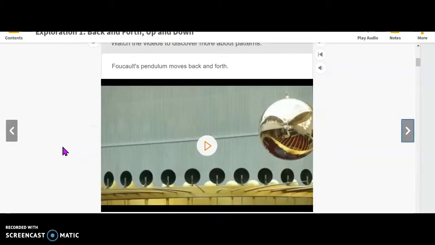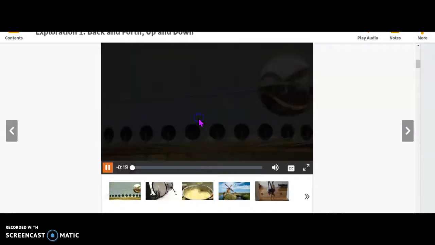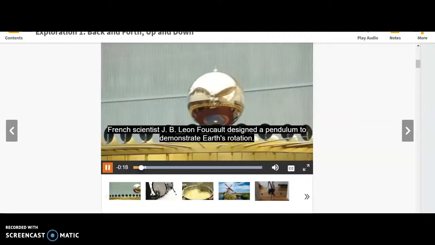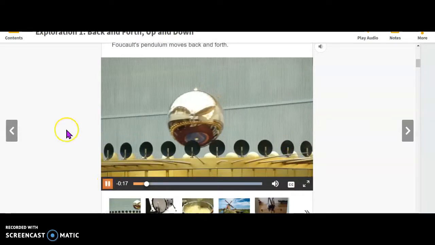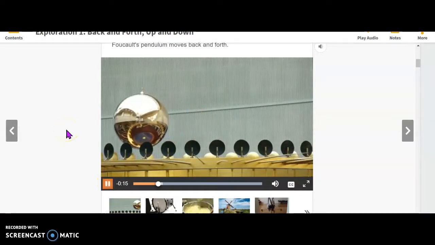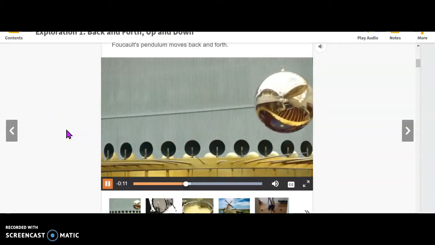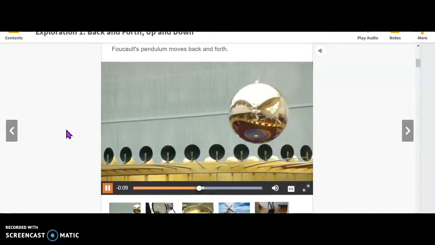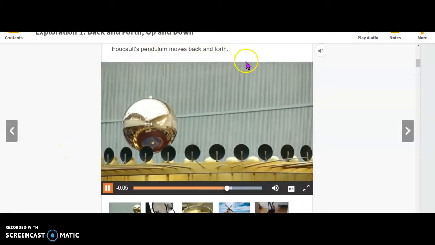Okay, so this first one, this is a video of a pendulum. It's moving back and forth, back and forth.